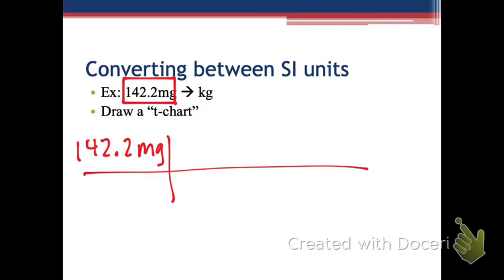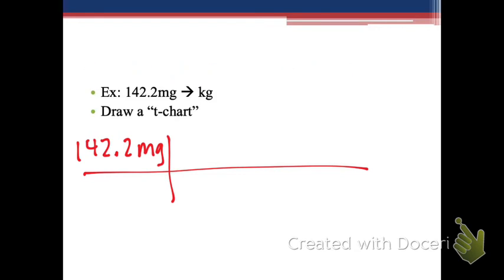Now let's work back a little bit here and say, if I want to go from milligrams to kilograms, do I have an easy way to get there? Can I do that in one step? Look at your chart and say, does anywhere on your chart say how many milli is in a kilo specifically?